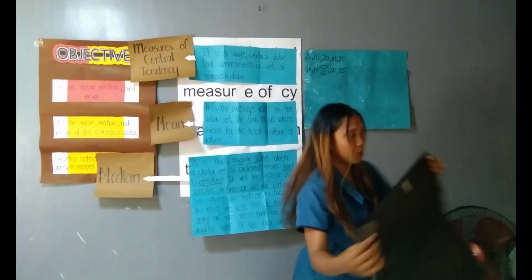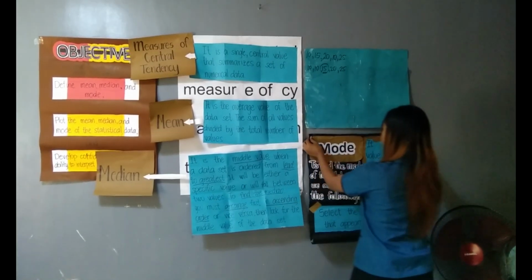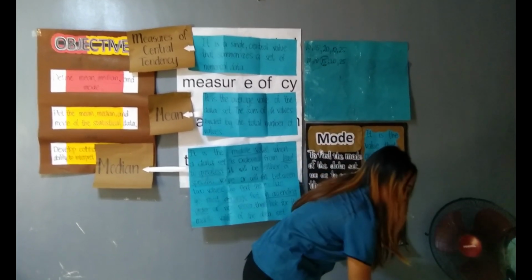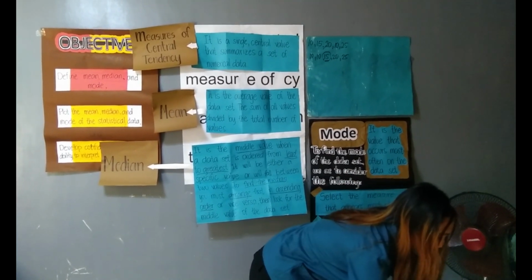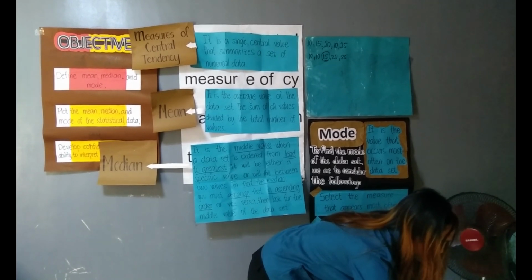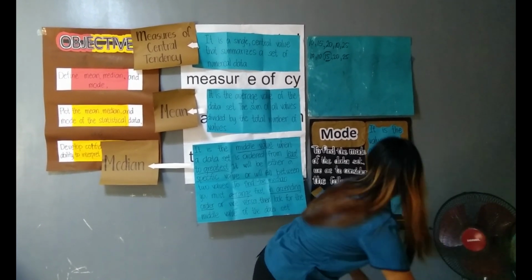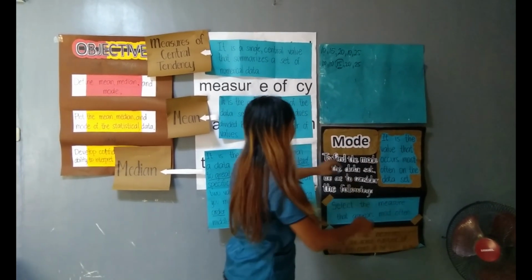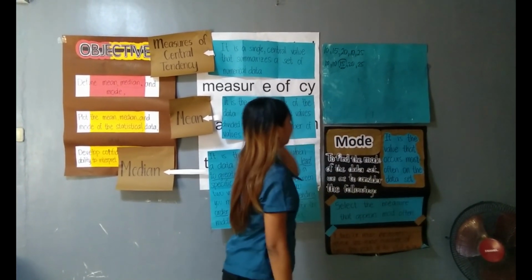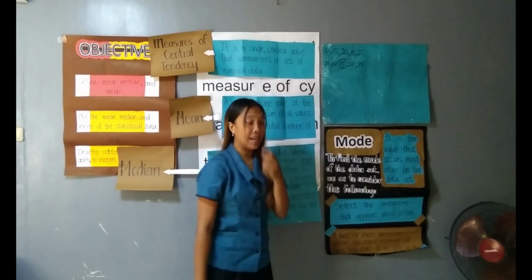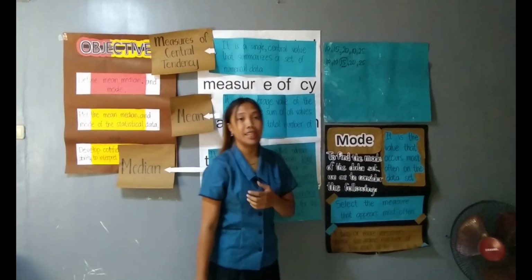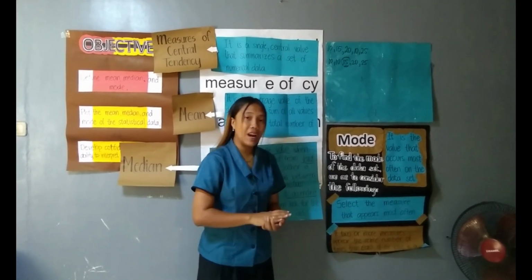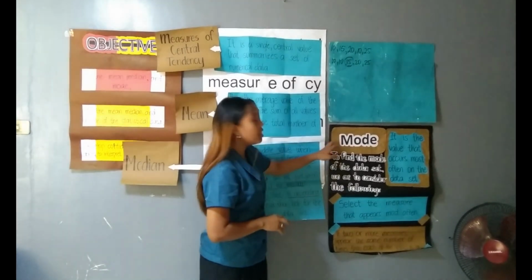So, here our mode. For our mode, it is the value that occurs often in the data set. Ang mode kay ni siya ang katong value nga makita nimo kapila, ikaduha, o ikatulo sa isa ka data.